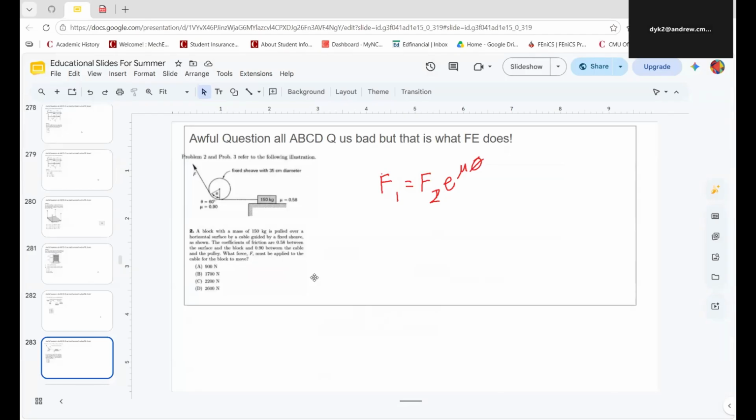Well, from experience, you're supposed to get T over here, and then you're supposed to multiply. So F equals T2 e mu theta.